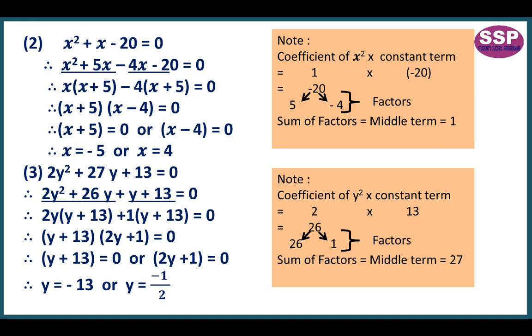Now next problem, 5m square equal to 22m plus 15. First of all, we have to convert this equation into standard form. We get 5m square minus 22m minus 15 equal to 0, taking all the terms from the right hand side to the left hand side.